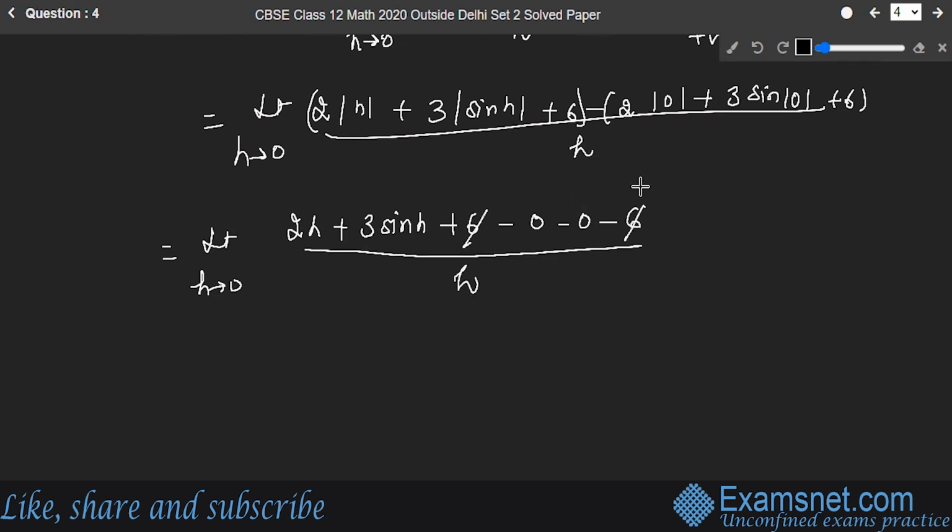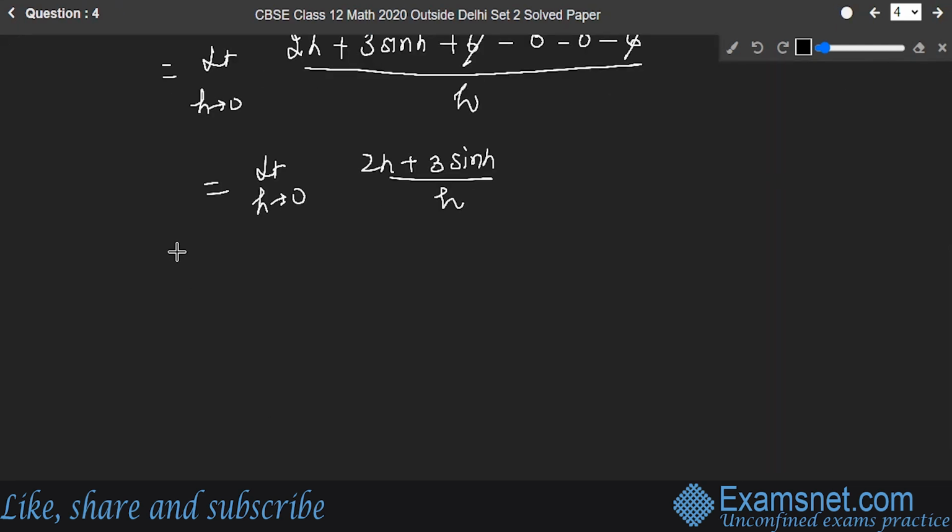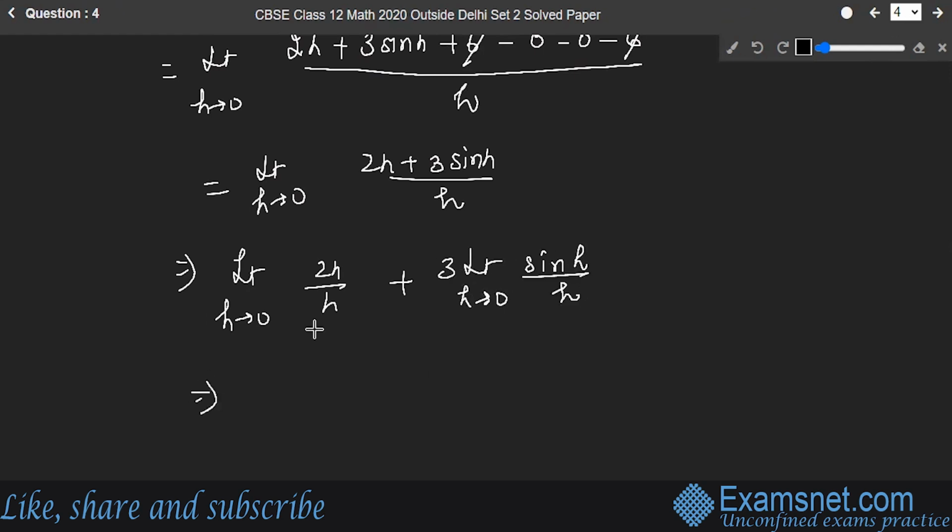This 6 and 6 will also cancel out, and you'll be left with limit h approaching 0, 2h plus 3 sine h upon h. This is equal to limit h approaching 0, 2h upon h plus limit h approaching 0, 3 I'll write here sine h upon h. This is equal to h and h will cancel. So this will be equal to 2 plus 3 into, see, this thing is equal to 1.